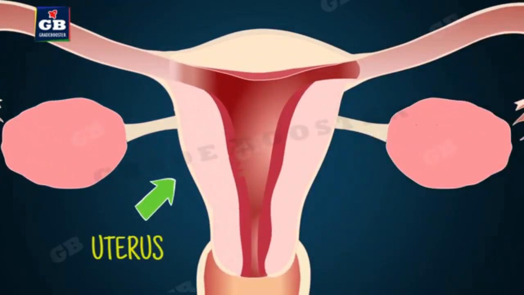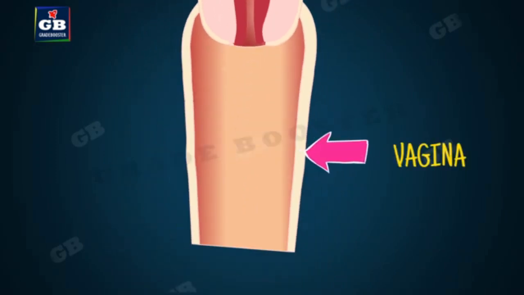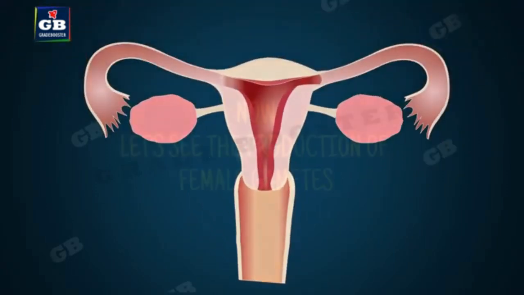It is called the womb where the implantation and development of baby takes place. Cervix. The uterus opens into the vagina through the cervix. Vagina. It is the passage where sperms are deposited by the penis of male reproductive system during sexual intercourse.